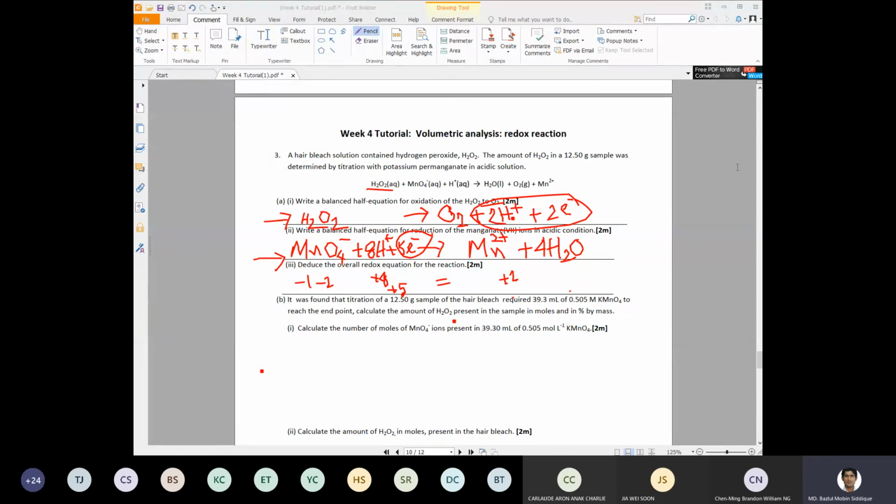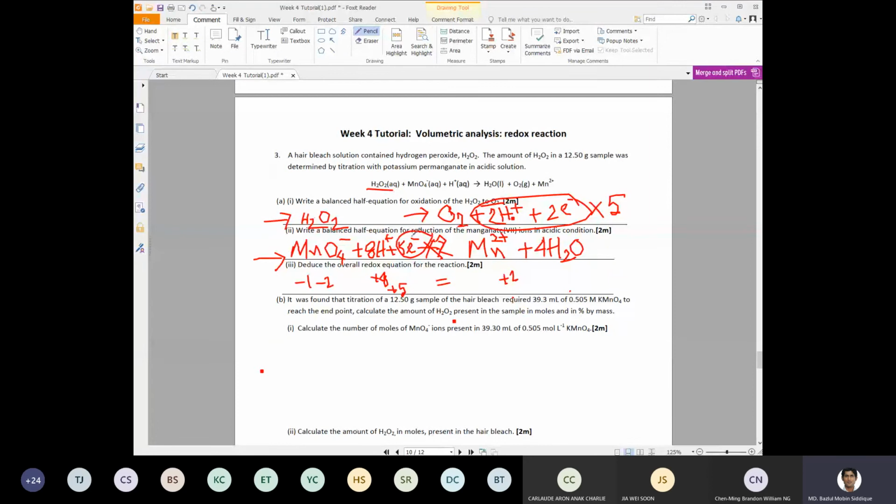So if we want to have 5 electrons, how can I have 5 electrons? Because I am having 2 electrons here. How do I find 5 electrons here? So the stoichiometric balance will be if I multiply here by 5, and if I multiply this side by 2, right?